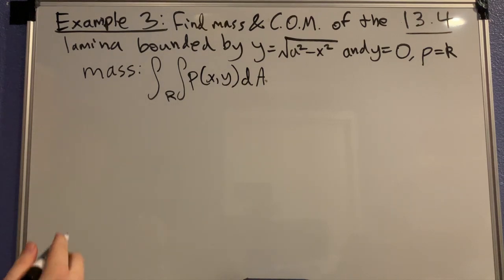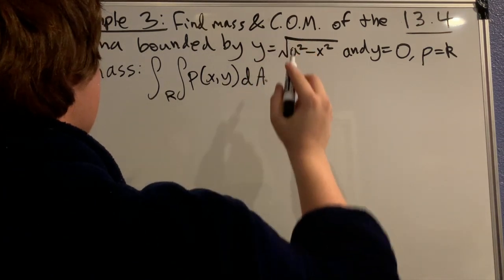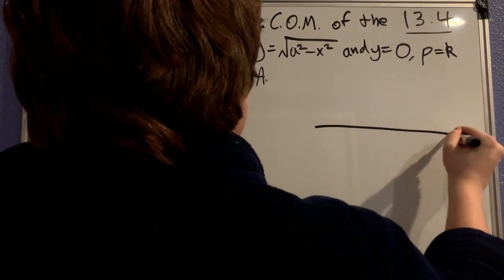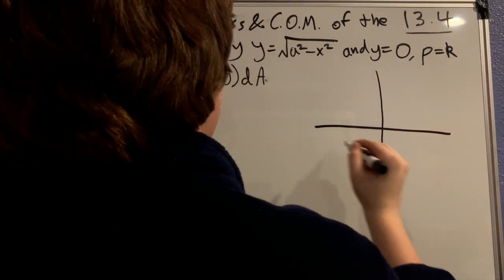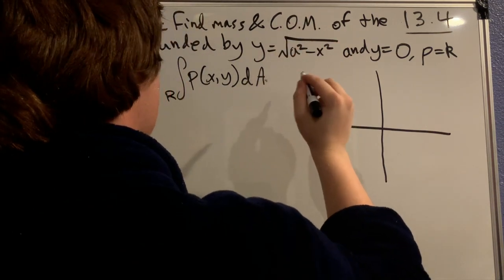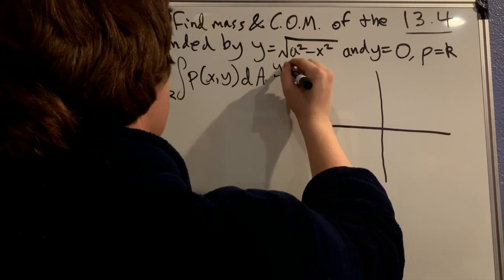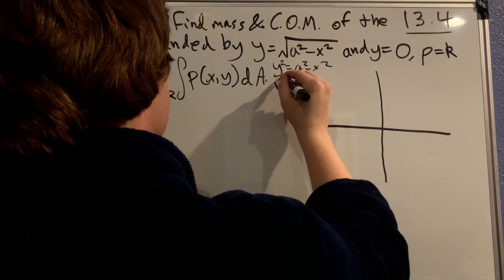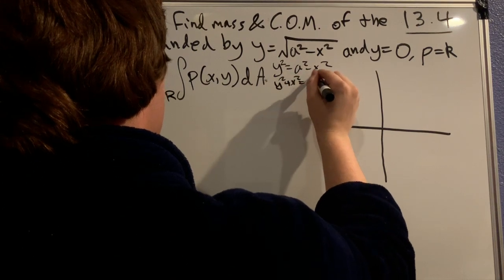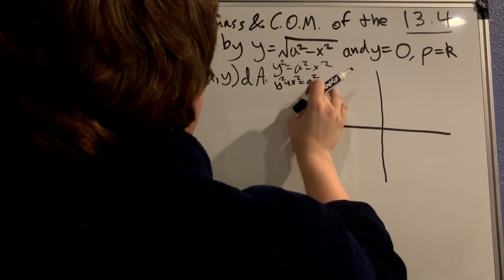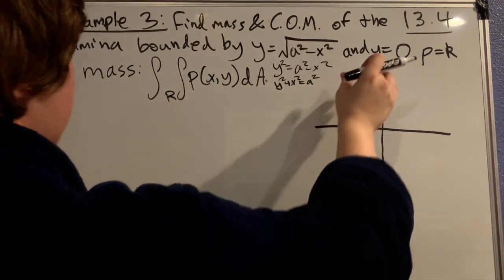Now, first, before we actually do this, I think it would be really good to graph it. And so I'm going to just do a simple graph. If you look at this function and you want to simplify it, you get y squared equals a squared minus x squared, and y squared plus x squared equals a squared. So this is just a circle with radius a, but it's also bounded by y equals 0.